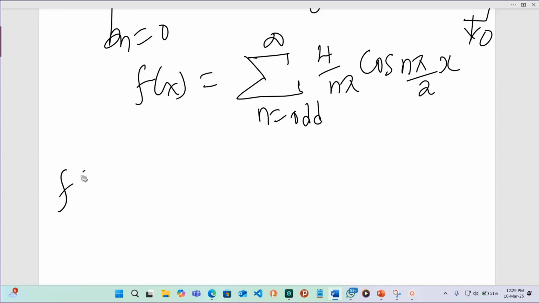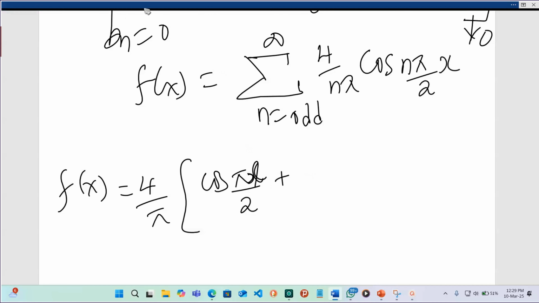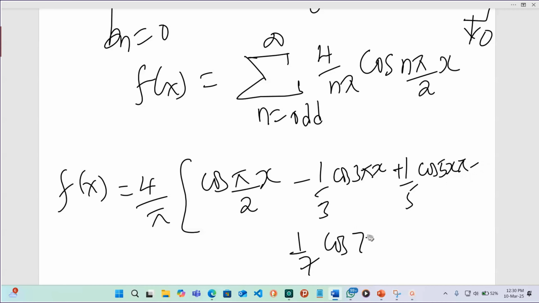So f(x) can equal 4 over π times [cos(πx/2) minus 1/3 cos(3πx/2) plus 1/5 cos(5πx/2) minus 1/7 cos(7πx/2) plus, and so on].